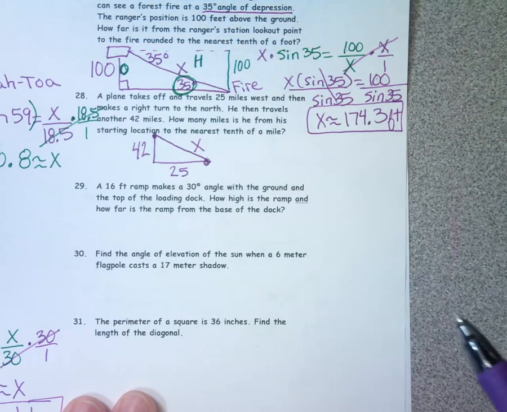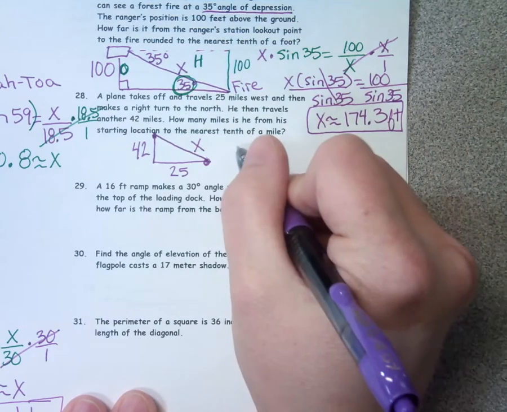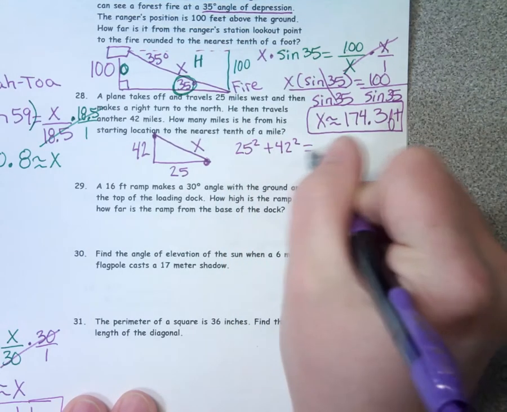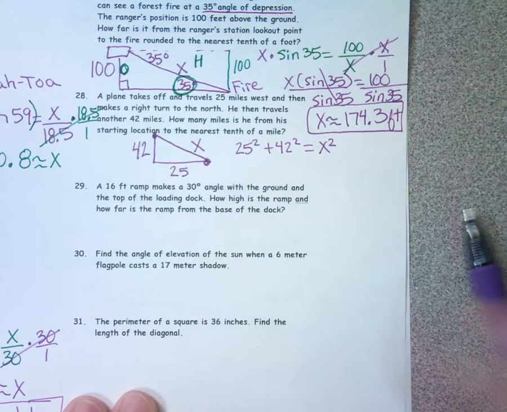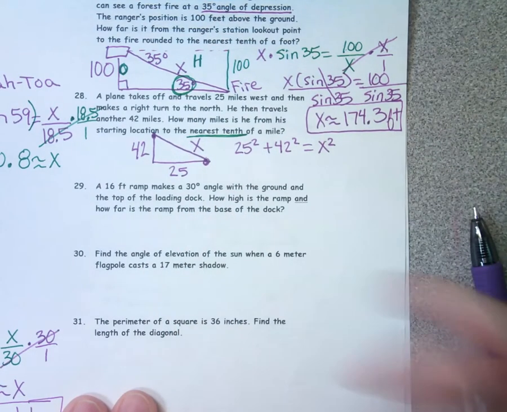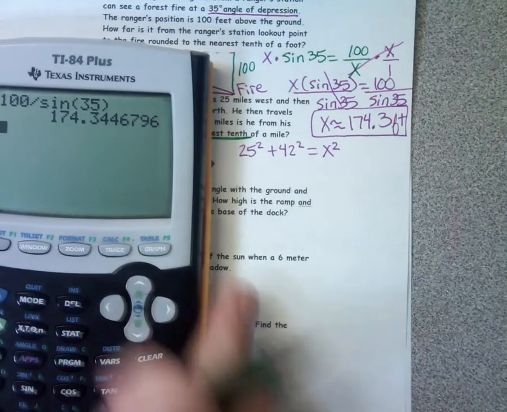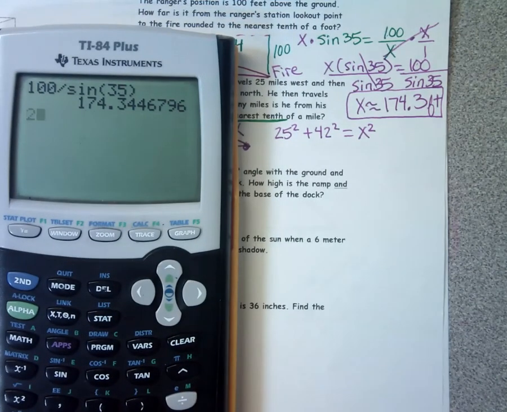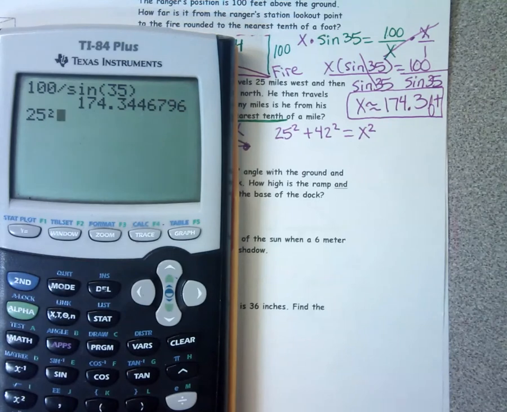What's this look like to you? Pythagorean theorem. Okay, so it's going to go 25 squared plus 42 squared equals x squared. And I do get a round, so that's awesome. I can make the calculator do all my work because I'm going to round it. So in the calculator, I'm going to put in 25 squared plus 42 squared.